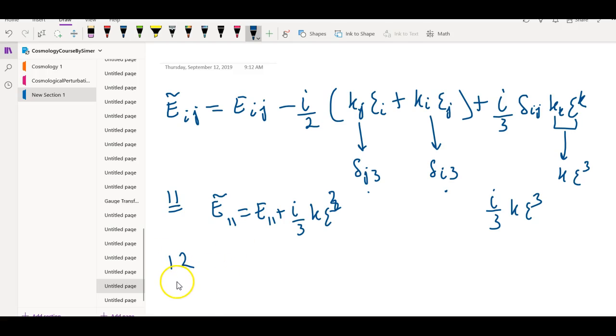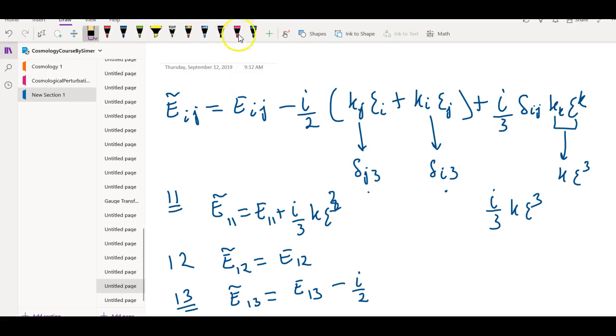The 1 2 component, the 1 3 component. Sorry, we have k here, k here.